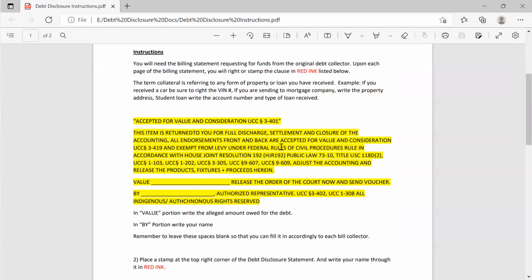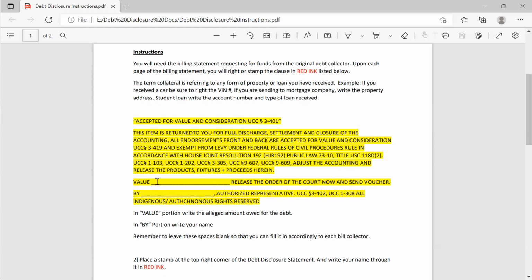All endorsements front and back are accepted for value and consideration, UCC subsection 3-419, and exempt from levy under federal rules of the civil procedures rule in accordance with the House Joint Resolution HJR 192, 7310, Title 118D Part 2 USC 1-103, UCC 1-202, UCC 3-305, UCC 9-607, UCC 9-609. Adjust the accounting and release the products, fixtures, and proceeds herein.